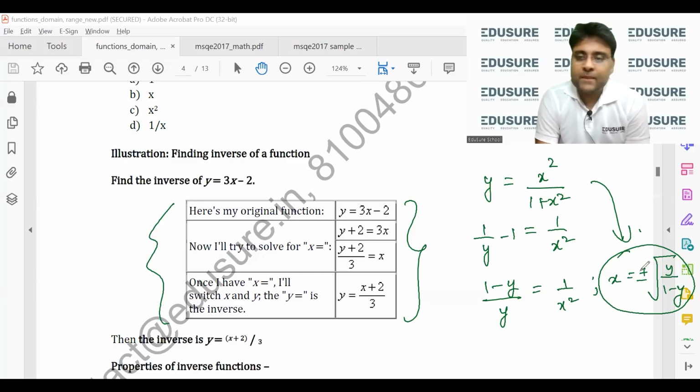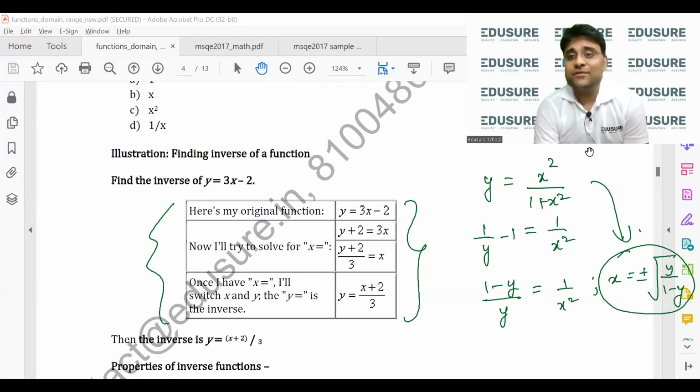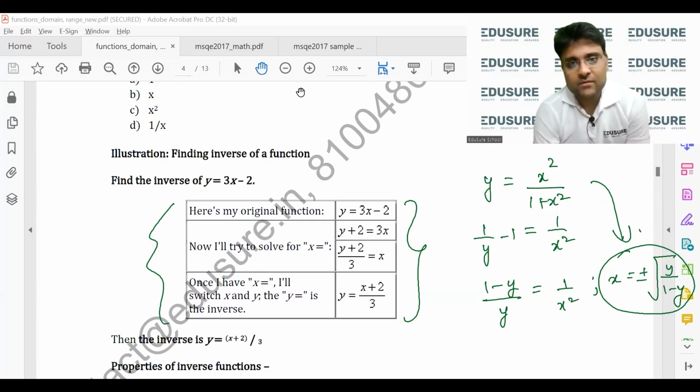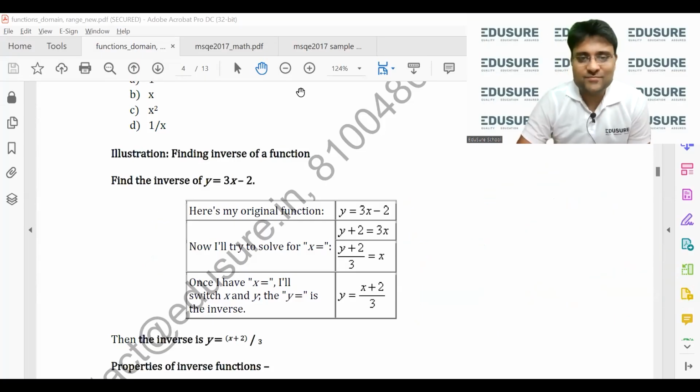If it is plus minus something, then it is not a function. That is all that you need to say: the inverse of the function is this, it is only a relation but not a function. If f is many-to-one, then f inverse fails to be a function.